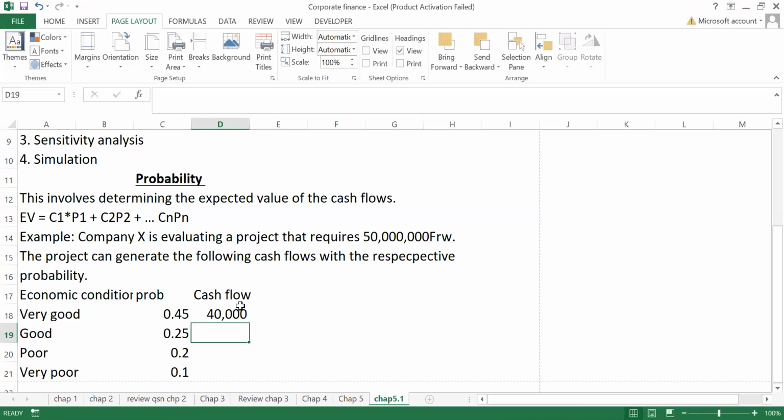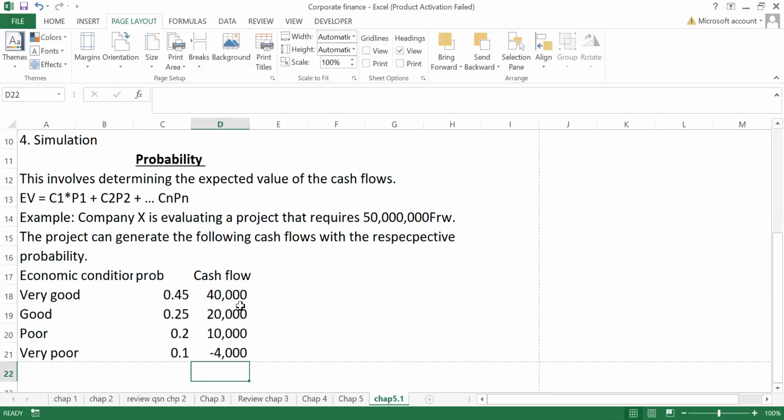If the economic conditions are good, the cash flows will be maybe 20 million. If the economic conditions are poor, you will have 10 million. If the economic conditions are very poor, then you have minus 4 million. Those are the cash flows.